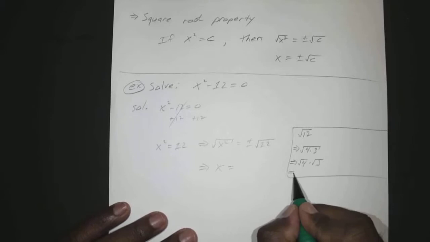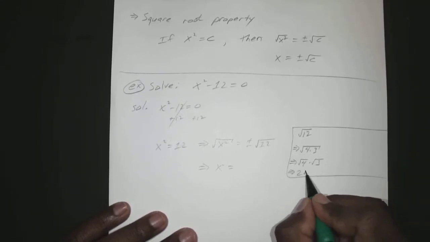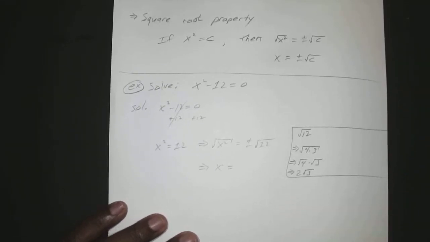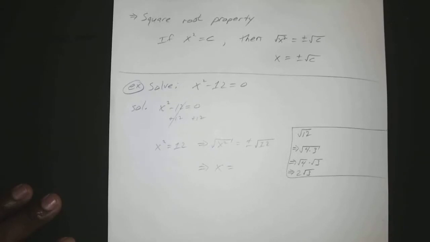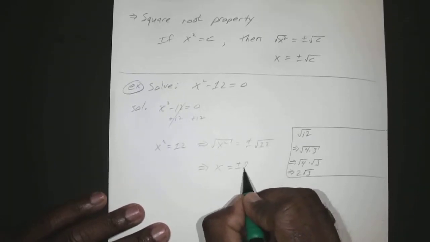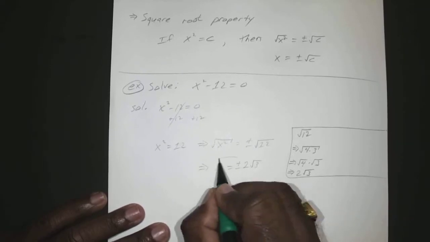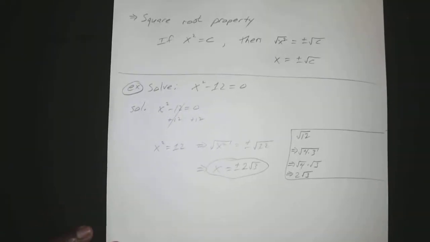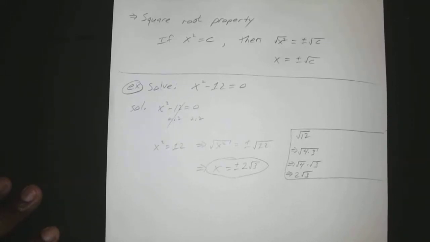And the square root of 4 is just 2. So we can rewrite this as plus or minus 2 square root of 3. All right, so any questions on this one?